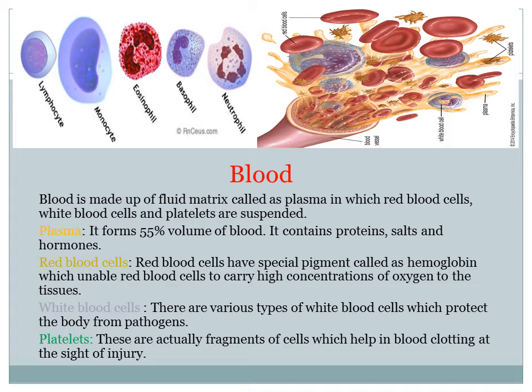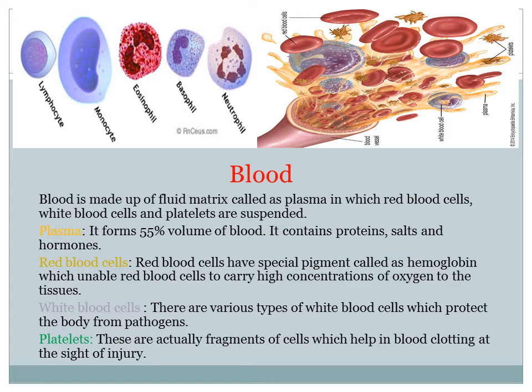The white blood cells are small in number as compared to red blood cells. They serve an important role in the body's defense mechanism against pathogens. There are different types of WBCs like neutrophils, eosinophils, basophils, lymphocytes, and monocytes.